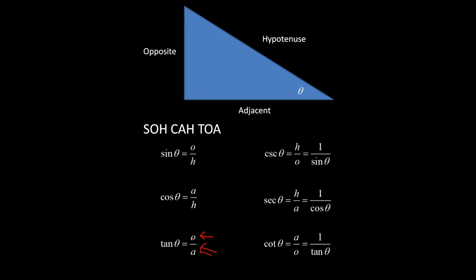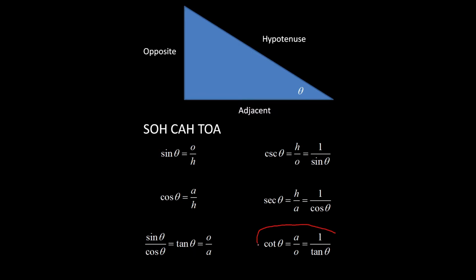Now, we can get opposite over adjacent by using sine and cosine. If we do sine divided by cosine, we will get tangent, because the h's divide each other out, and you're just left with opposite over adjacent, which is the tangent function.